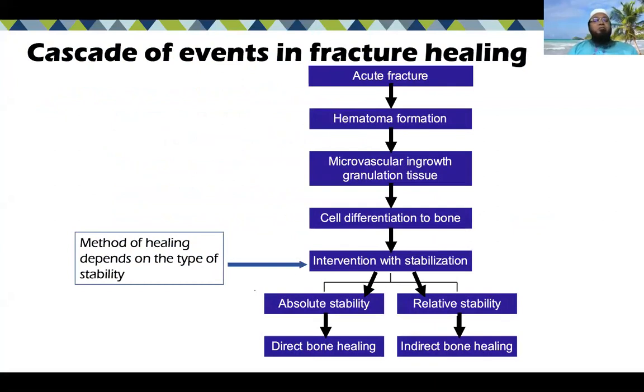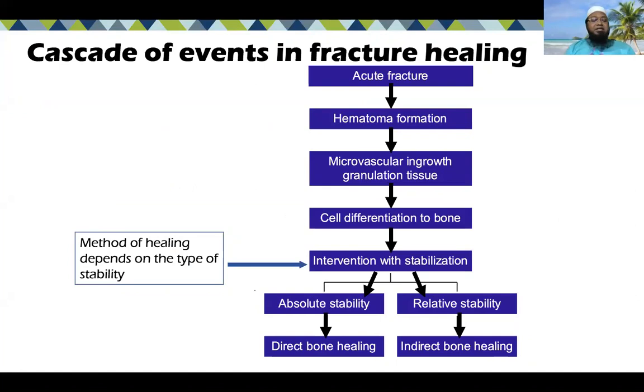A lot of cascades of events happen when a fracture occurs. When there is an acute fracture, there is hematoma formation at the fracture site. Afterwards, there is microvascular ingrowth and formation of granulation tissue. And finally, cells differentiate into bone.